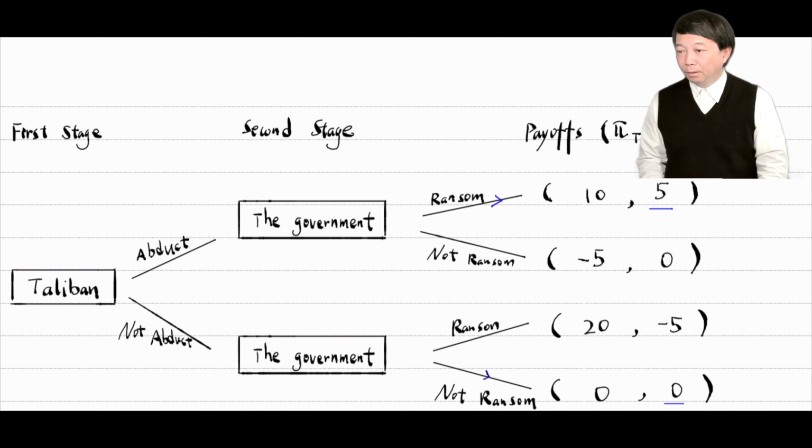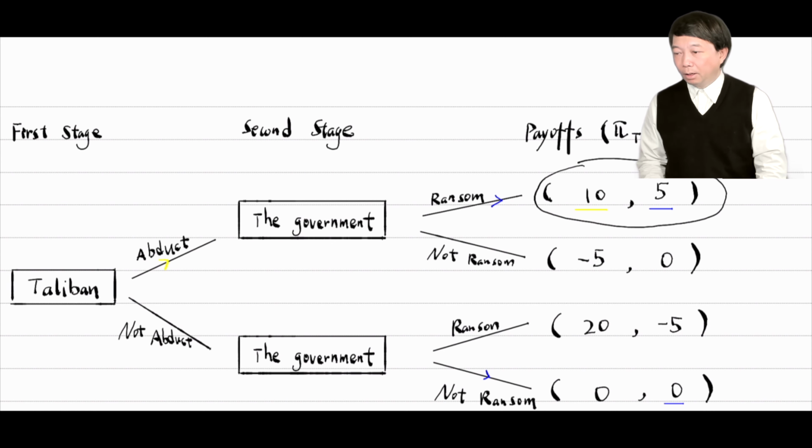If the Taliban engages in abduction, it knows the government will pay the ransom and it will earn 10. If the Taliban does not kidnap, it knows it will get 0. The Taliban is better off kidnapping. We underline its payoff 10 and add an arrow on the path. We then circle the outcome with 2 payoffs underlined.